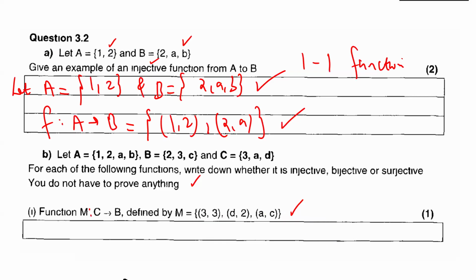So functions can be defined as equations. They can also be defined as sets. For each of the following functions, write down whether it is injective, bijective, or surjective. Injective is one-to-one. Bijective is obviously both one-to-one and onto.